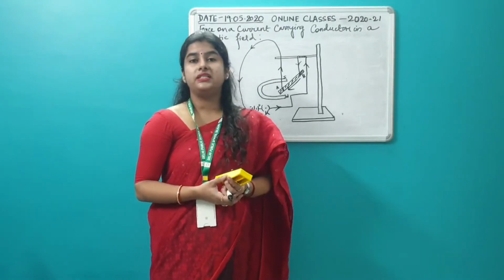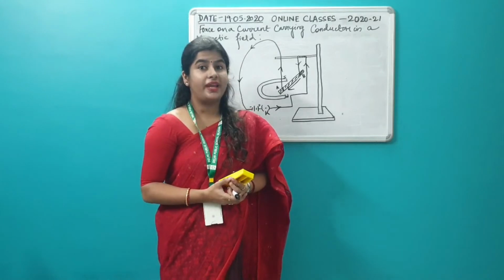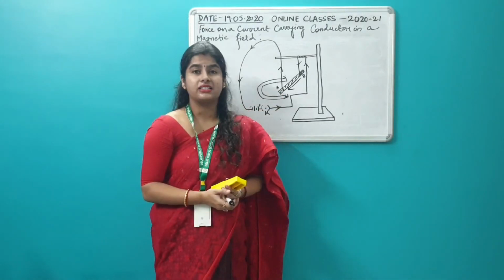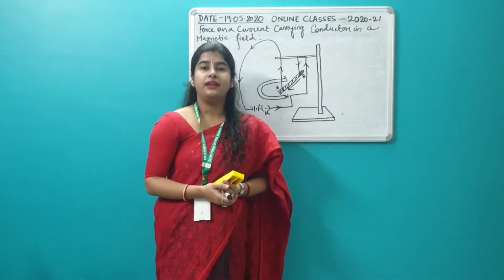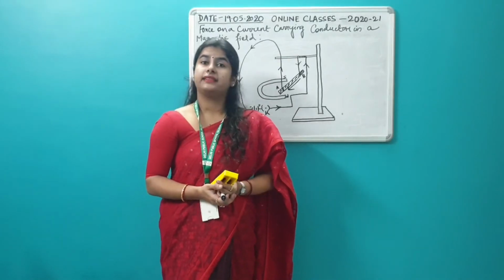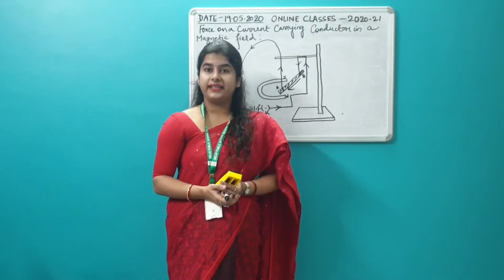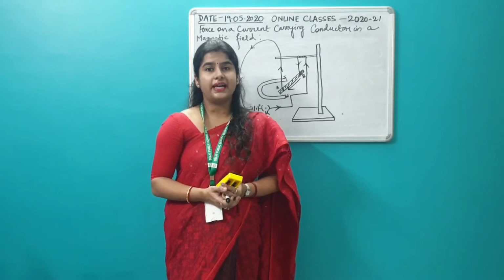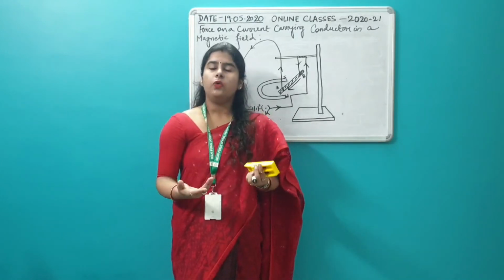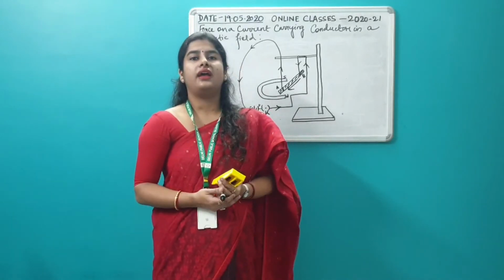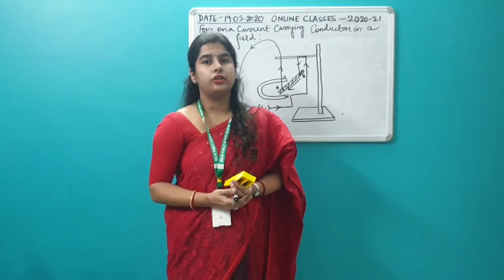Once more I am repeating, the displacement of the rod, the conductor, was maximum when the direction of current and the direction of the magnetic field were at right angles to each other.